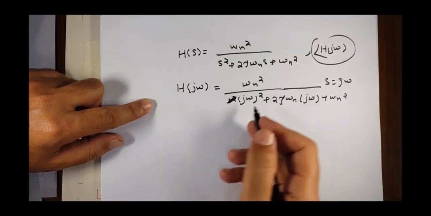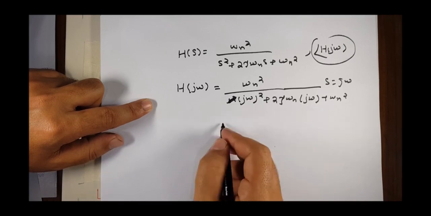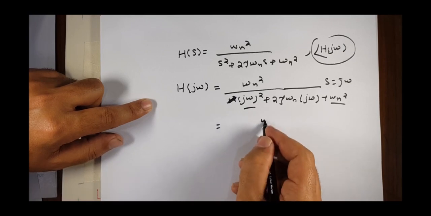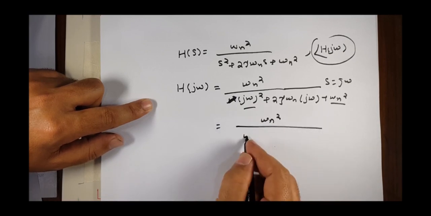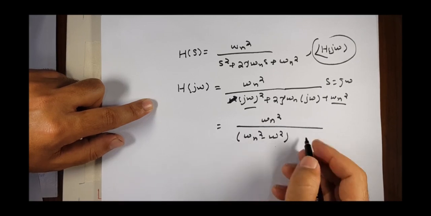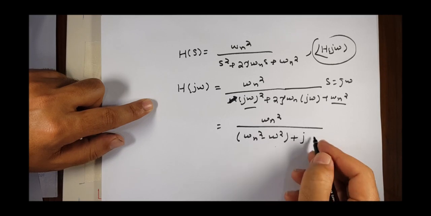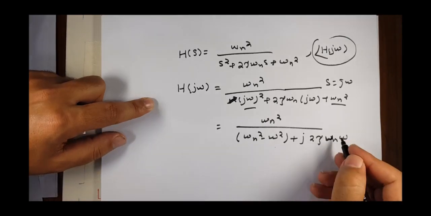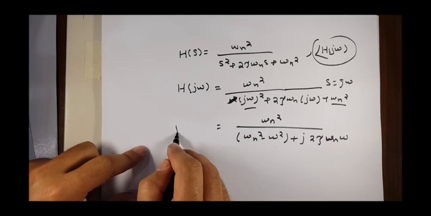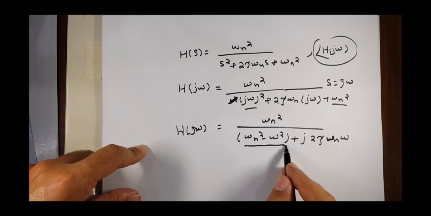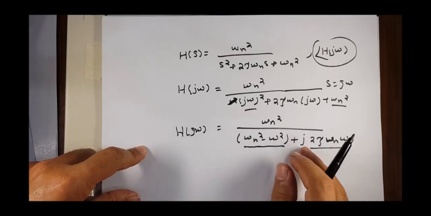You know that j square will give you minus omega square. So we can write it this way: omega n square over (omega n square minus omega square) plus j 2 zeta omega n into omega. If you pay close attention, this is our real part and this is our imaginary part, because it contains the j component.